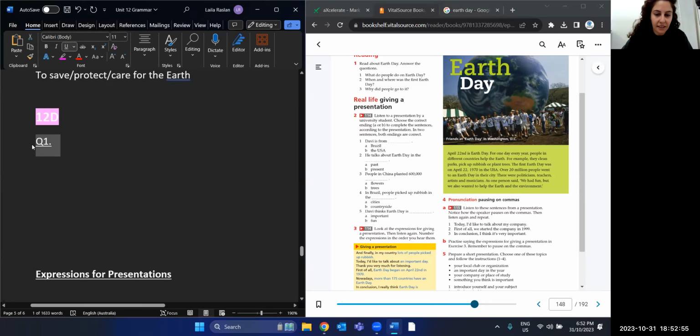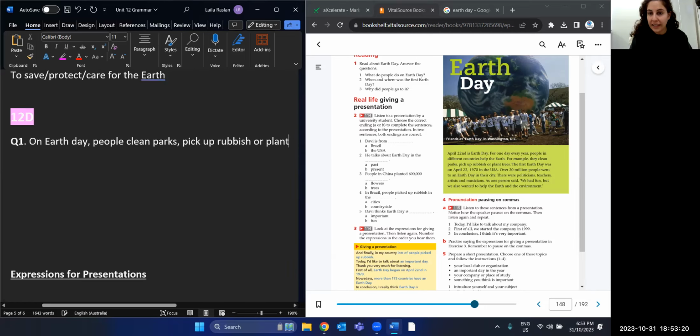So we could say on Earth Day. Make sure you capitalize Earth, because it's an occasion. It's like saying on Christmas Day. On Earth Day, people clean parks, pick up rubbish, or plant trees. I just got that information from the article.